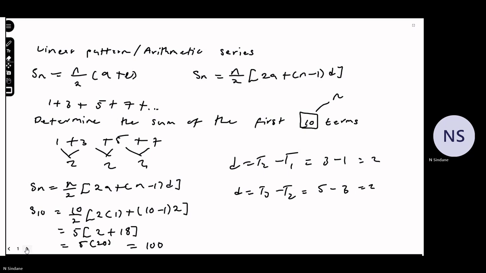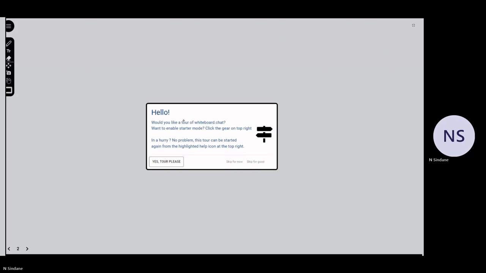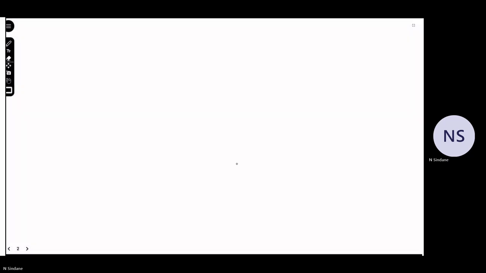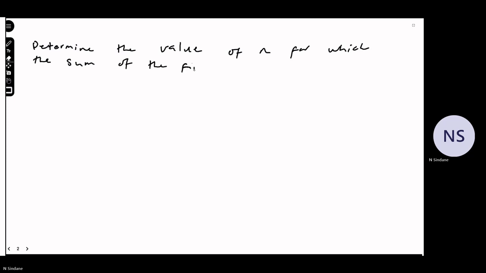For example, on the next page, they say determine the value of n if the sum of the first n terms is 225.